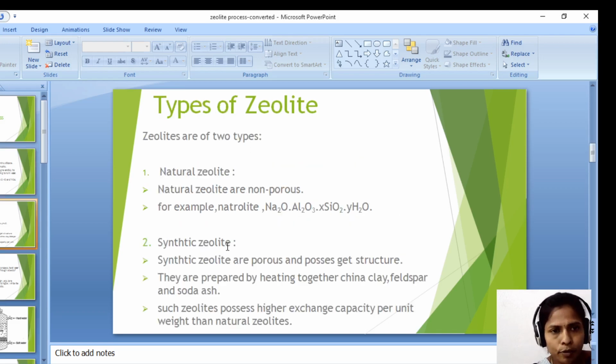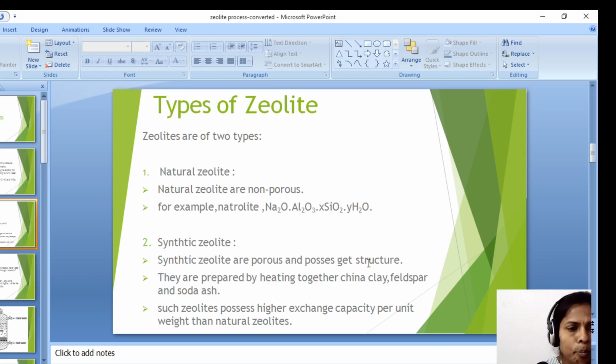Let us see the types of zeolites. There are two types of zeolites based on occurrence. One is natural zeolite and another one is synthetic zeolite. Natural zeolite is non-porous, that means it does not have any pores. Whereas synthetic zeolite is porous and has a gel structure.